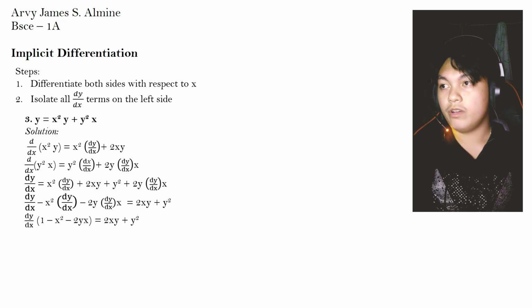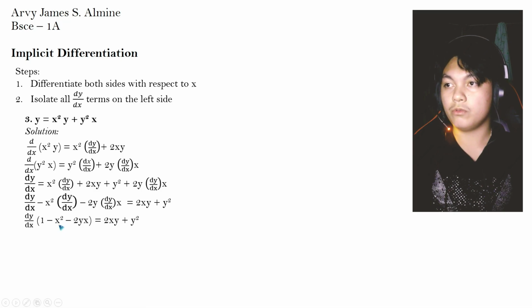So we have dy over dx times 1 minus x squared minus 2yx is equal to 2xy plus y squared. Let's remove this on the left side by dividing by 1 minus x squared minus 2yx.